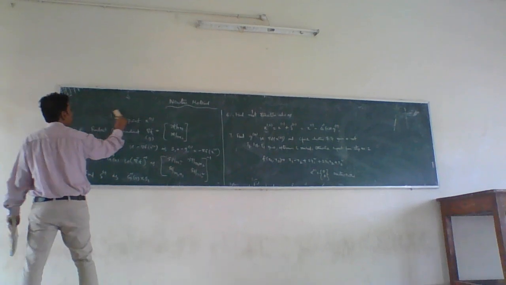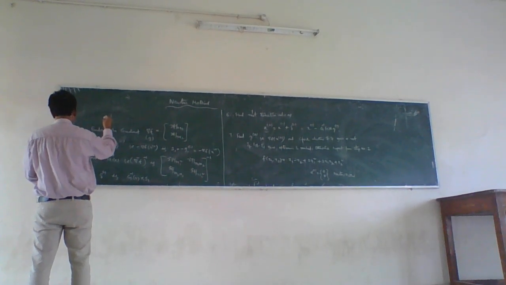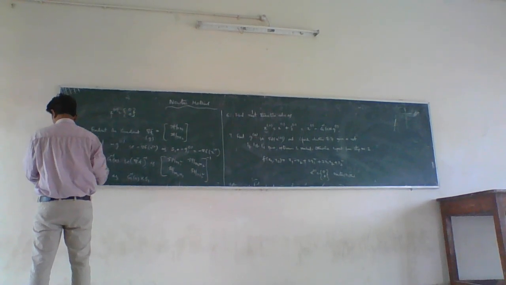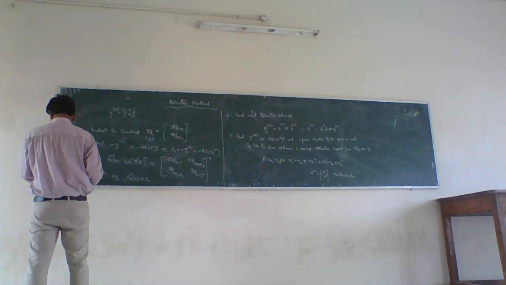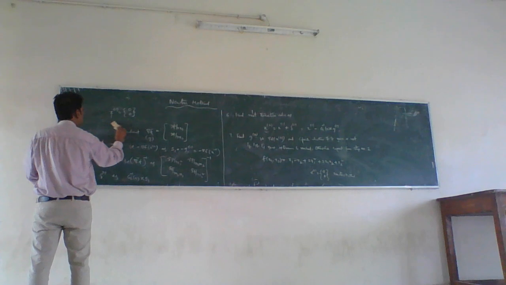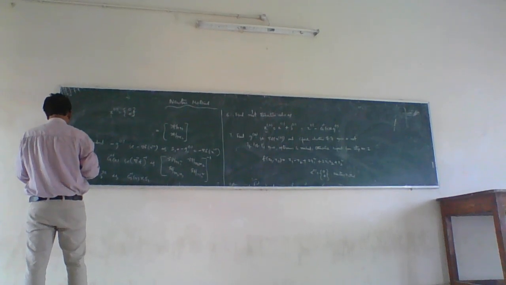So what is the initial point given? x1 is equal to 0, 0. Now find out small g, which is del f by dou x1.